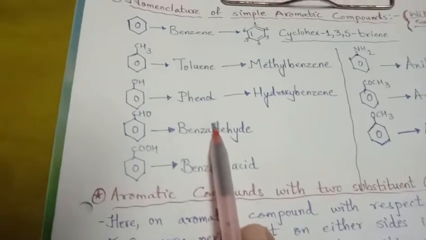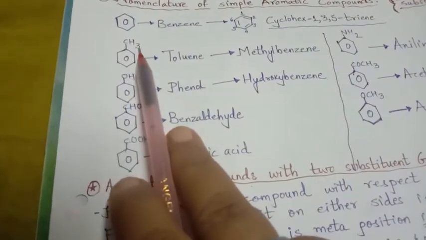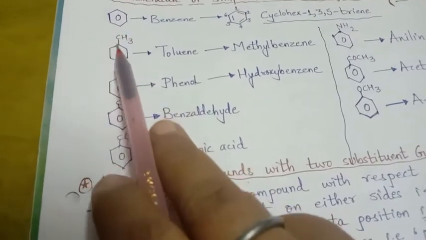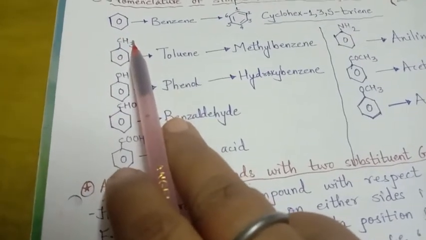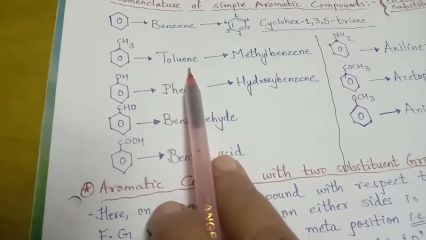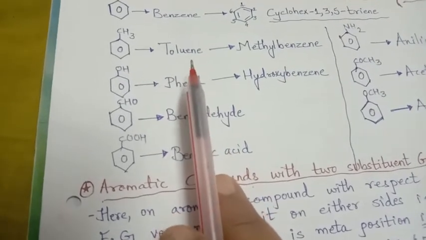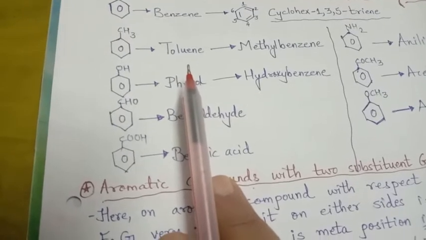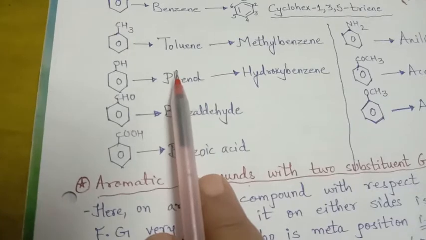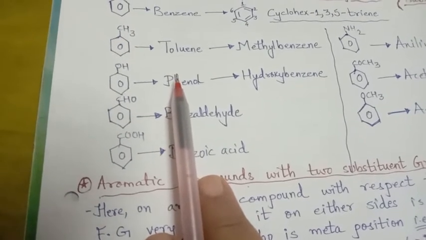Let us see some more examples with one substituent group. See, this is the benzene ring and one substituent is there, that is the methyl group. So this is commonly called toluene. These are certain organic solvents which are used in a wide range for the purpose of making other chemical compounds and some domestic as well as industrial materials.